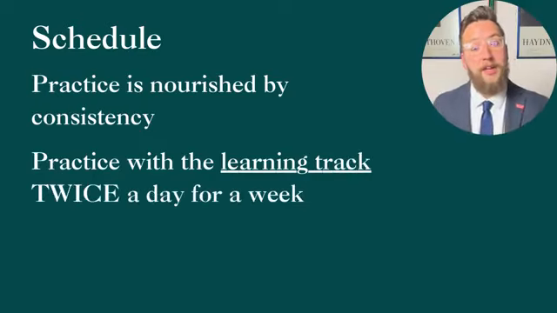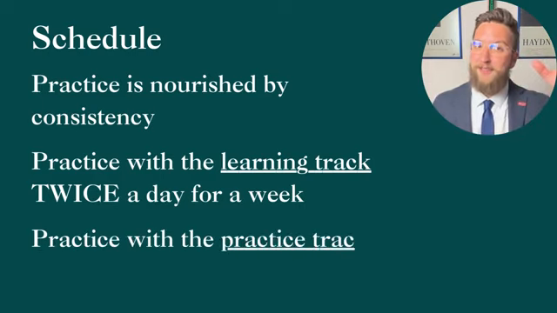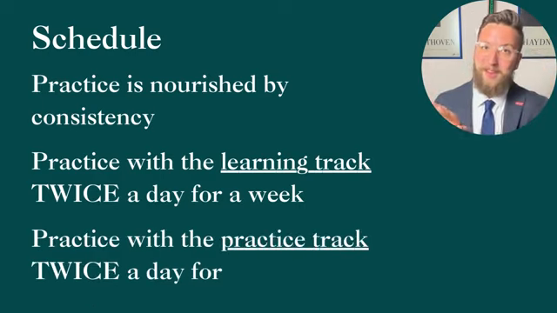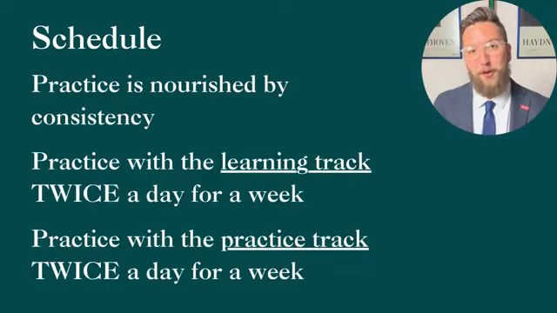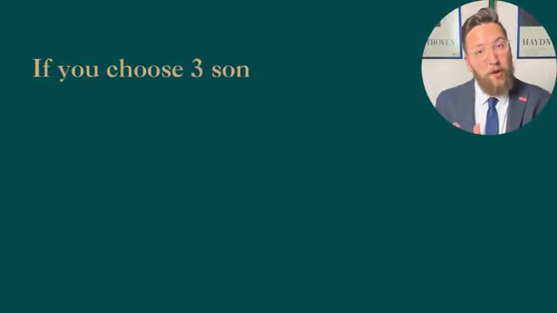Then the next week, you can go on to the practice track that has your part emphasized among the other ones. Practice with that twice a day for a week. And then finally, practice the whole song through, trying to sing your part against the whole track twice a day for a week. That kind of schedule will give you an initial roadmap.